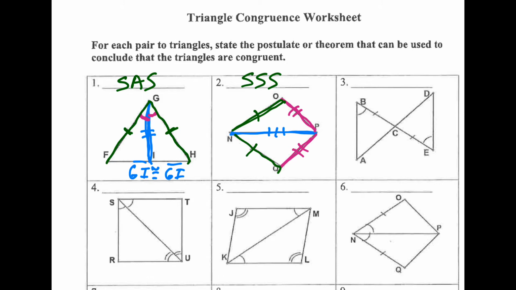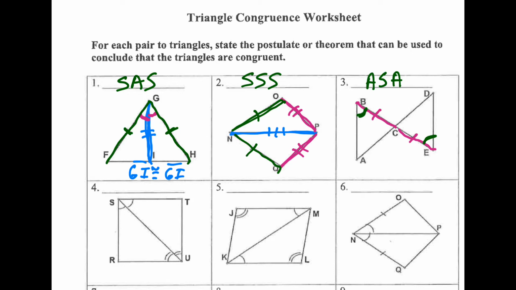All right, problem number 3 is going to be an angle, side, angle. Because we have this first angle that's congruent for us. So angle B is congruent to angle E. We then have this next side that's congruent. Okay, we know BC is congruent to CE. And then once again, you might be thinking, well, that's all we know, right?